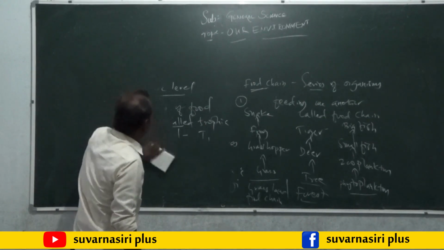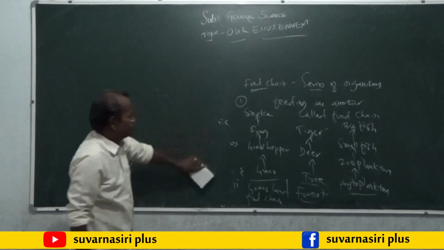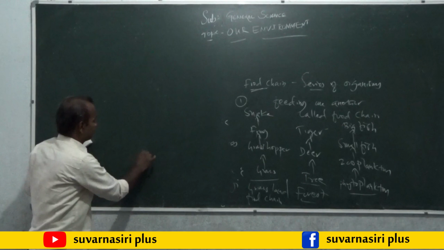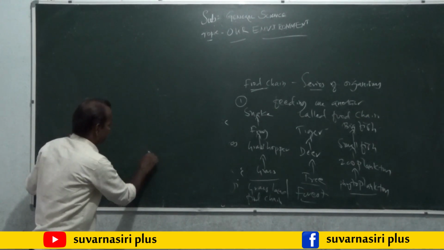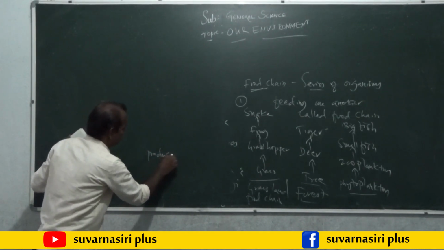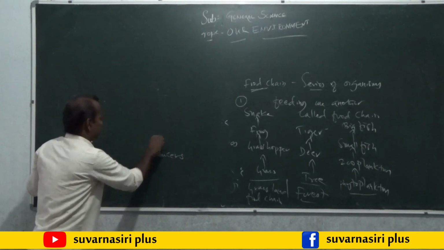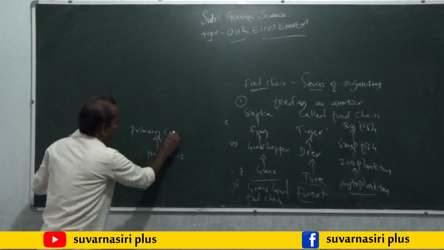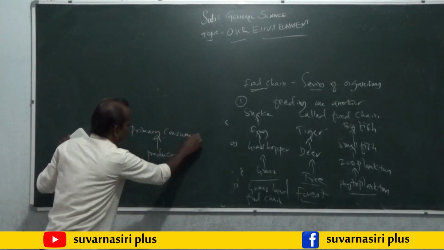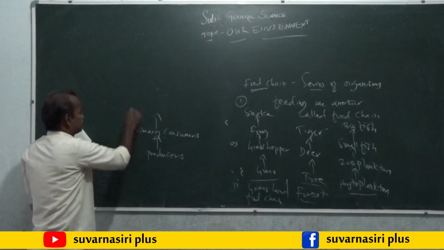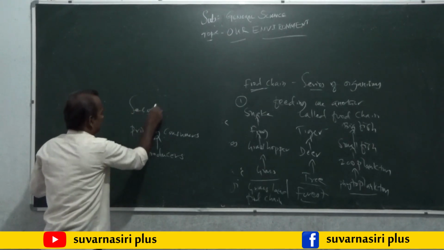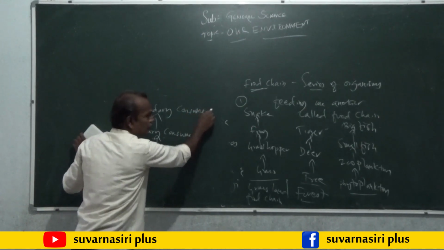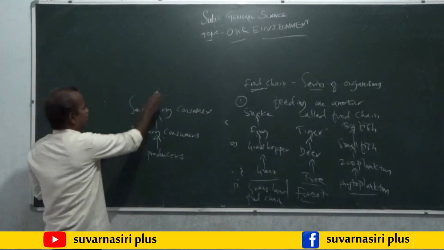Next, I will tell you about the diagrammatic representation of trophic levels. It starts from producers, and next, primary consumers, next, secondary consumers, and next, tertiary consumers.